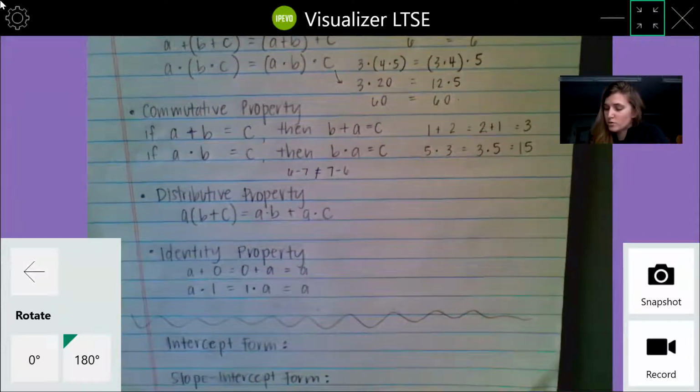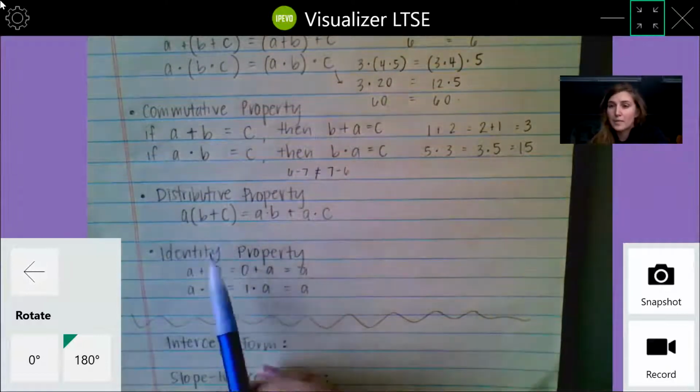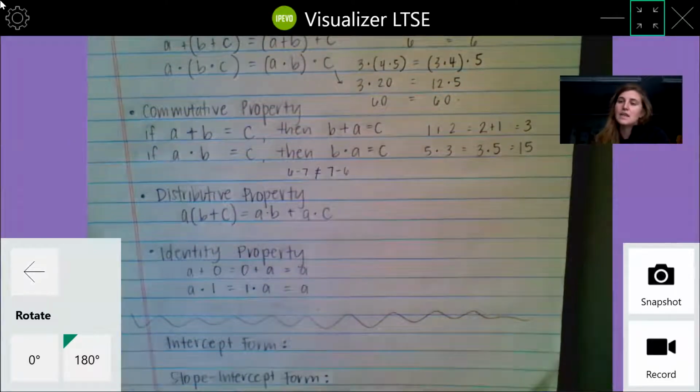Now we have the distributive property. This is part of our objectives for this lesson, to really take a look at that distributive property. This is going to come in handy a lot later on in the course when we're doing something called factoring. Distribution is like the opposite of factoring.